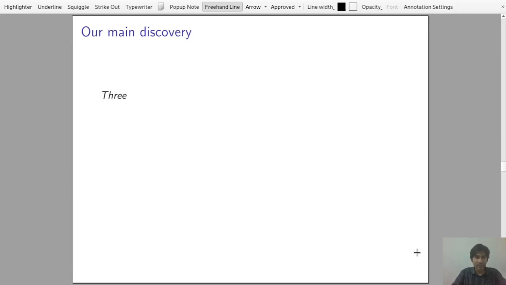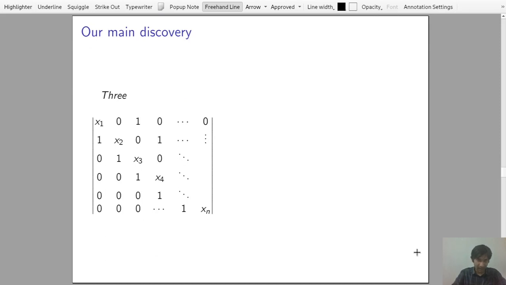Our main discovery is that 3 non-zero diagonals are enough. The family of matrices that we use is as follows. The main diagonal is x1 to xn. The diagonal just below it is all ones, and the diagonal 2 steps above the main diagonal is again all ones, and the rest of the entries are 0.